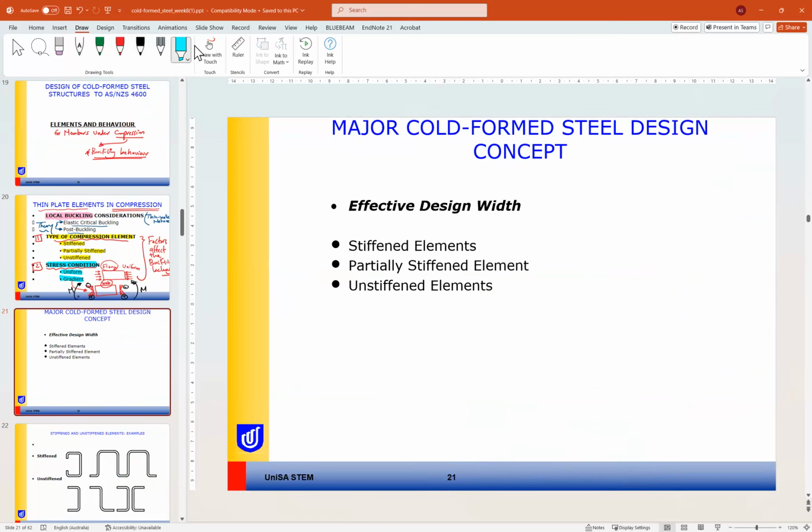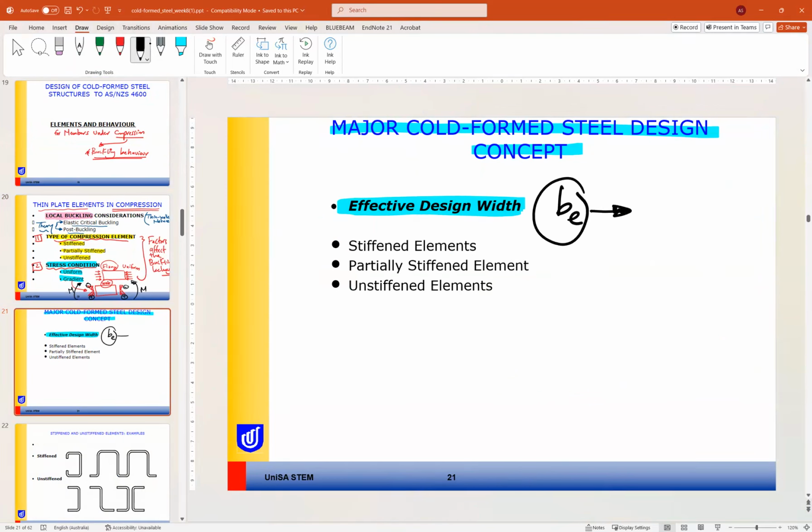So the major concept in the cold formed steel design is the effective design width, or b effective. If you remember last week, we have the concept of b effective, or effective width of the member or of the plate, due to what?